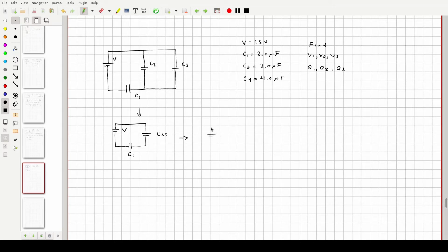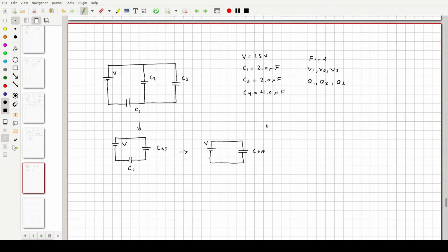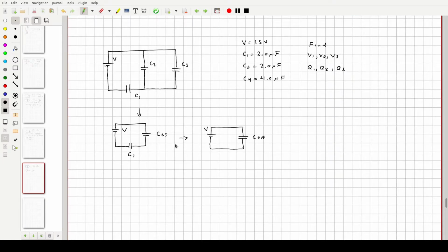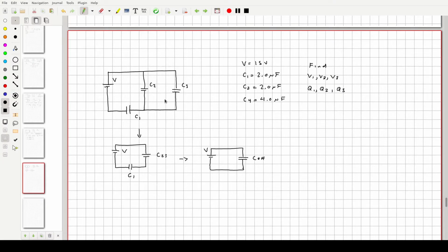Then to C effective. Like that. So let's go to our first step, and that's adding C2 and C3 together. Well, C2 and C3 are in parallel, and we know that capacitors in parallel, you just add their capacitances together.